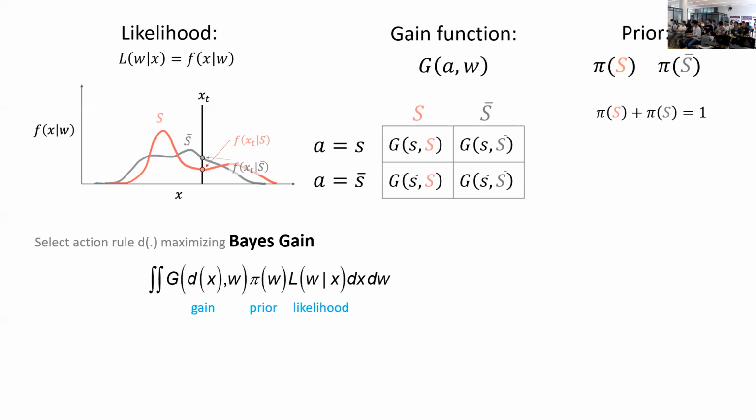Bayesian decision theory is to decide a decision rule. A decision rule means a mapping from stimulus to action. So what kind of mapping would you choose to maximize the expected gain defined like this?